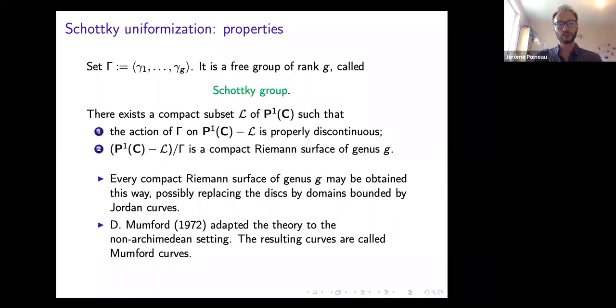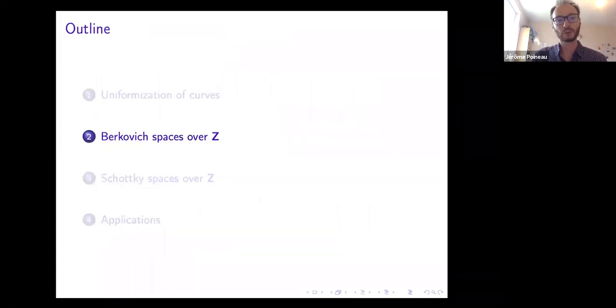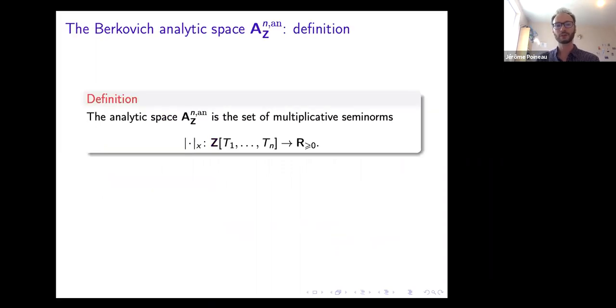And so, in order to say things properly, I would like to tell you a bit about what's called Berkovich spaces over Z, so over the integers. Let me start right away with the definition.